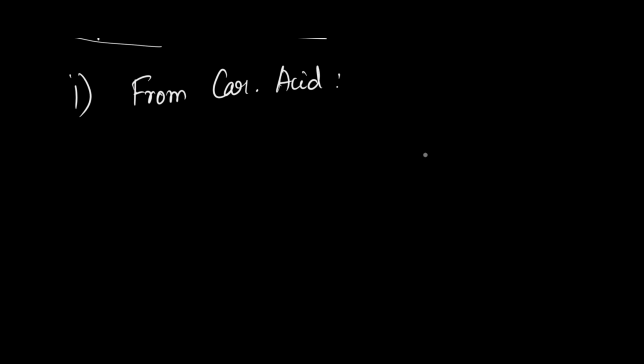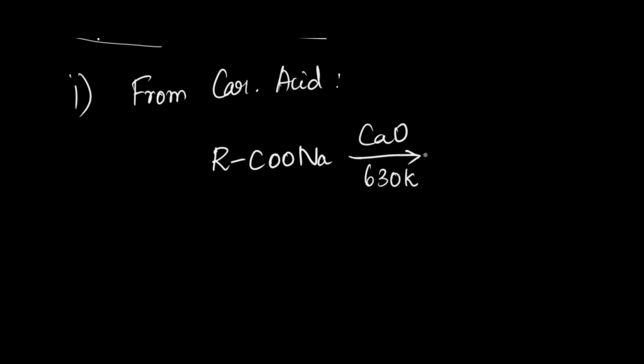Here I am taking it as a salt of carboxylic acid, for example RCOONa. I am going to dehydrate it using calcium oxide, and the temperature is 630 Kelvin. In the presence of base, this is happening.